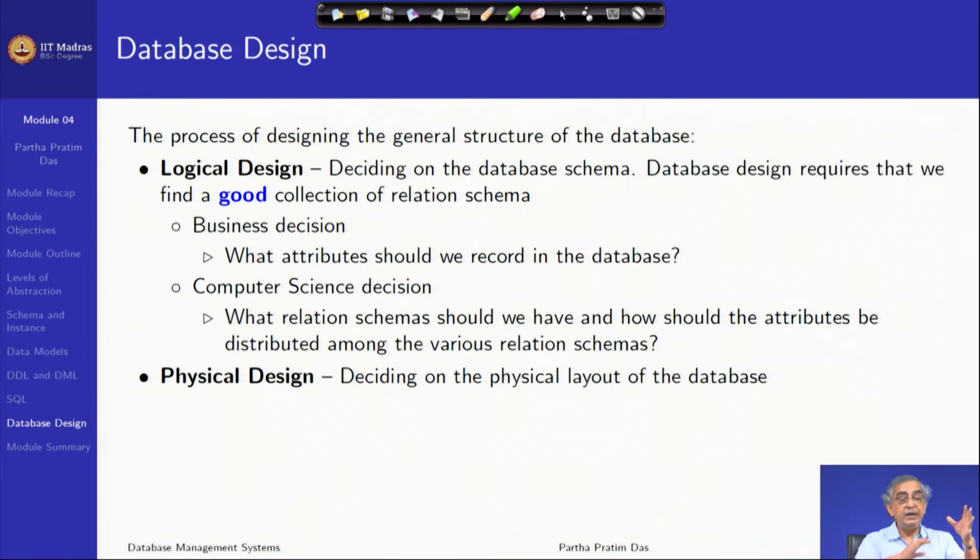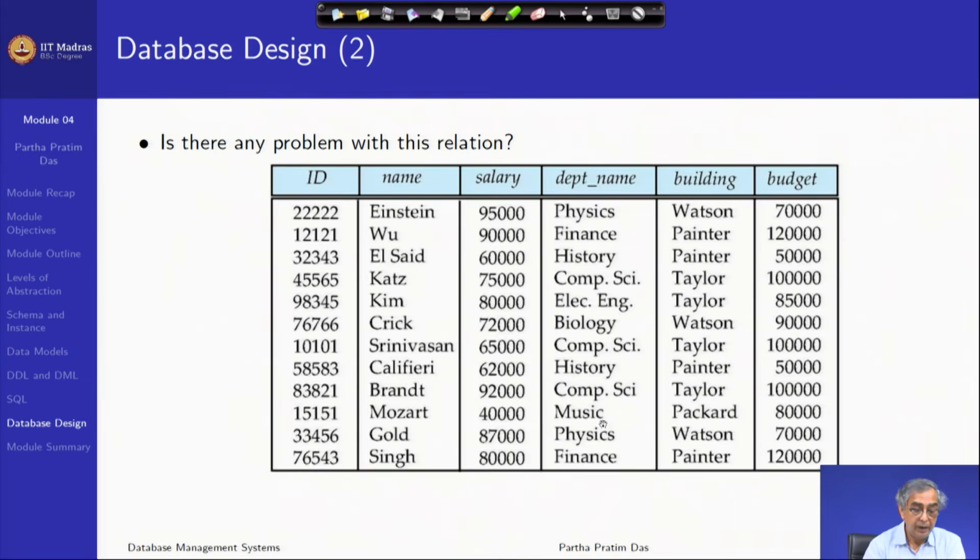So, a database design is a complex process involving all these questions, and therefore, you will see that we will spend a significant amount of time on the model and the associated database design issues.